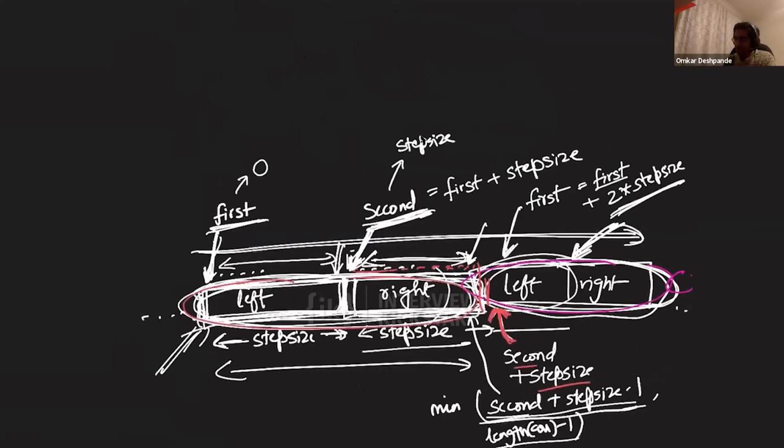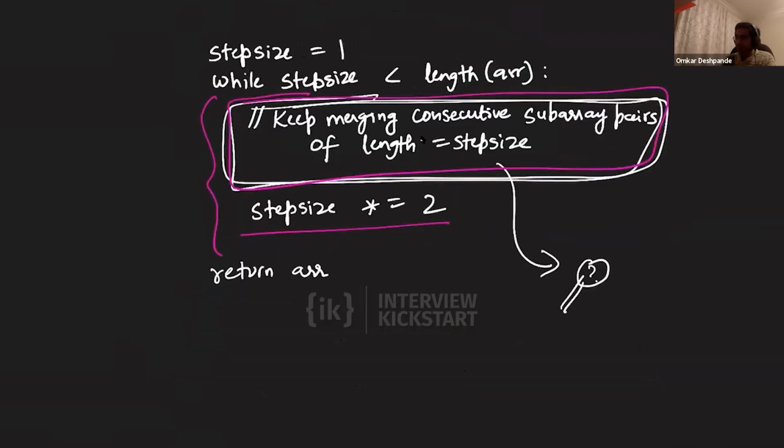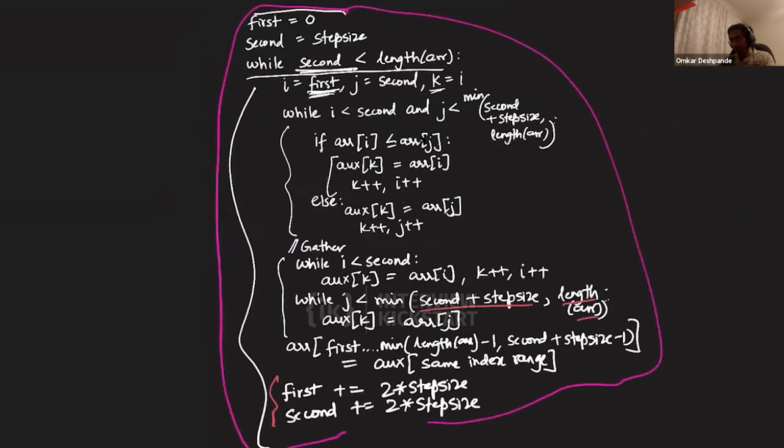We merge these two, and once we are done with that, we go to these. And then when you come out of that, you are incrementing step size itself, handling the next higher level. Right. So this is also a bottom-up approach, but it's just an iterative one instead of calling the recursive stack. Okay.